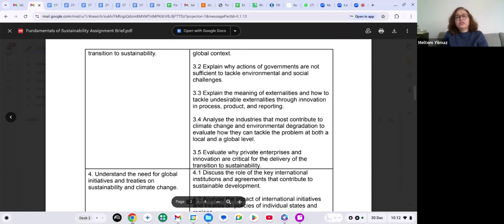Then analyze the industries that most contribute to climate change and environmental degradation, to evaluate how they can tackle the problem at both local and global levels. Finally, evaluate why private enterprises and innovation are critical for delivering the transition to sustainability.